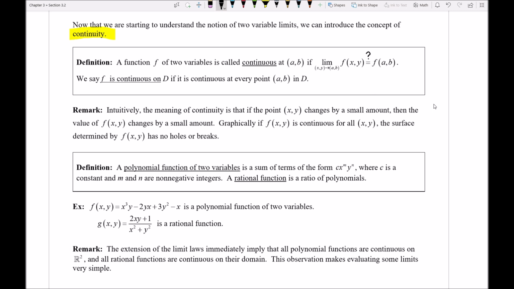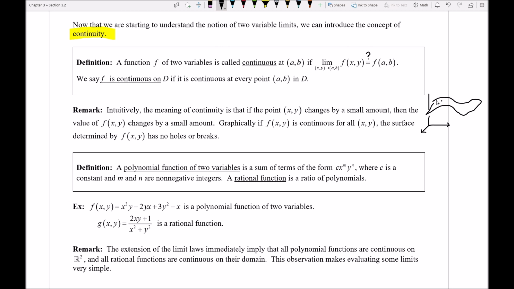If I was to draw a surface with some rolling hills to it, and I start at a point, it's got some particular z-coordinate associated with it. But if I bump that point a little bit to the left or the right or forward or back on the surface, just a small amount, the height is going to change by also a fairly small amount.